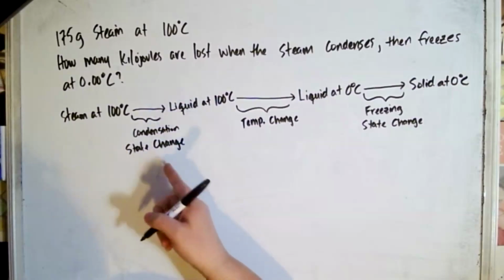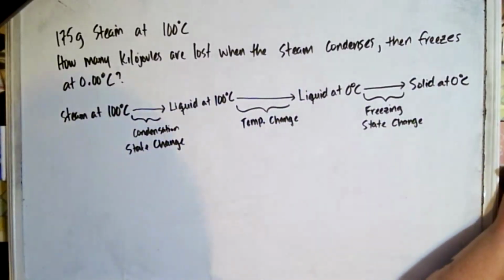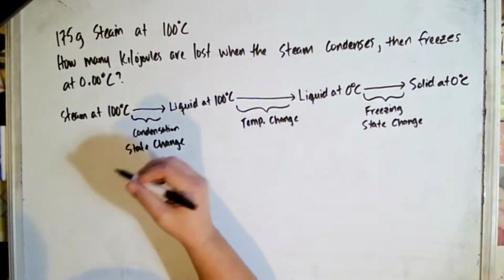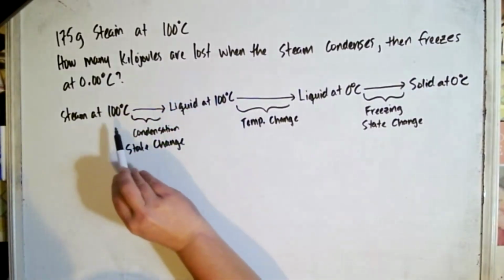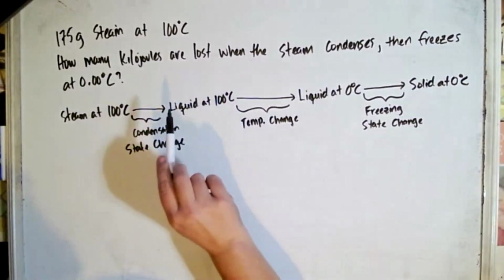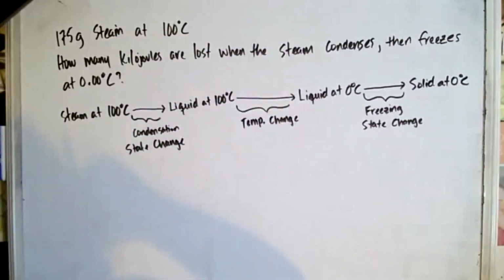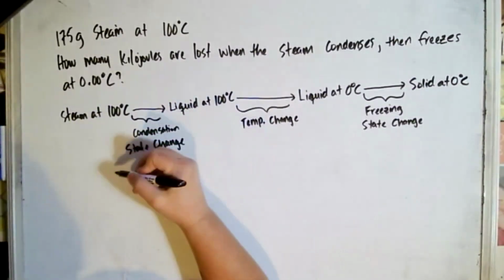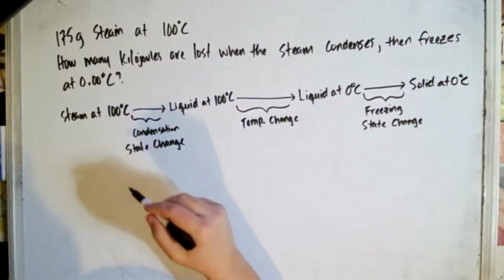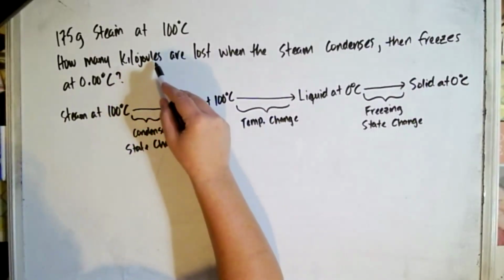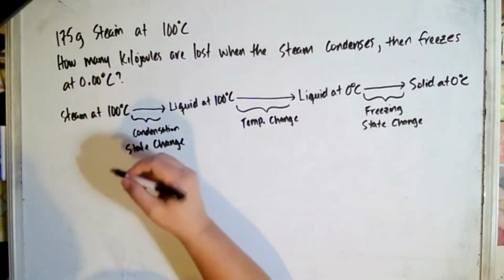So for my condensation state change, I am going to need the heat of vaporization of water, right? Because whenever we're doing gas to a liquid or liquid to a gas, we're going to use the heat of vaporization for that. And we're working in terms of kilojoules at the end, so we'll use our joule value.